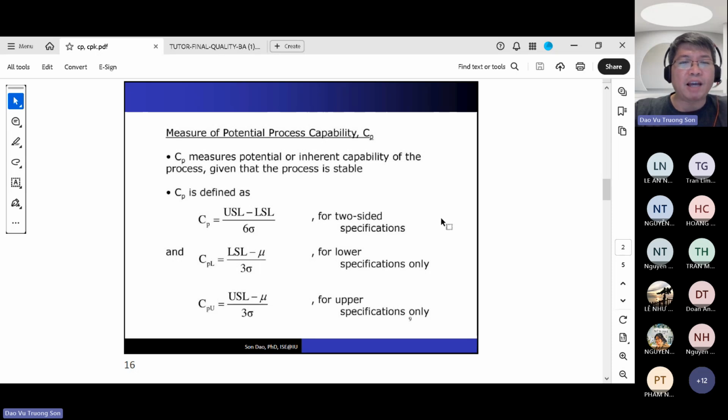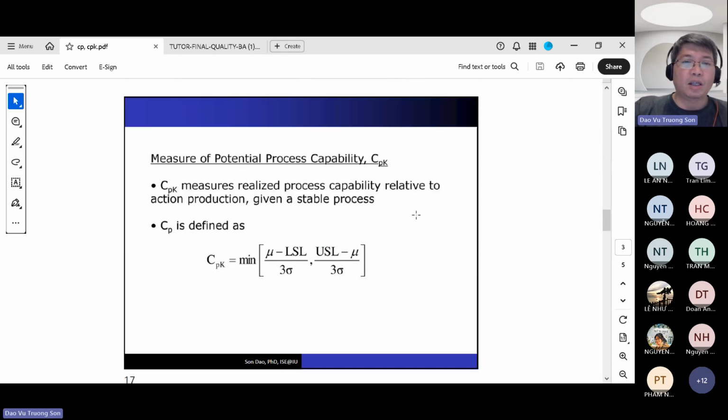Instead of just having CP, which is USL minus LSL divided by 6 sigma, for two-sided specs, we have CPL, to the left side, which is the mean mu minus LSL divided by 3 sigma, and CPU, which is USL minus mu divided by 3 sigma.